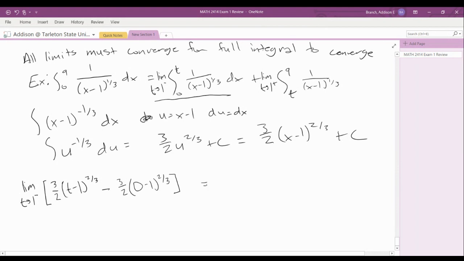If t approaches 1, that's going to get us approximately 0 for t minus 1. So 0 to the 2/3 is 0.